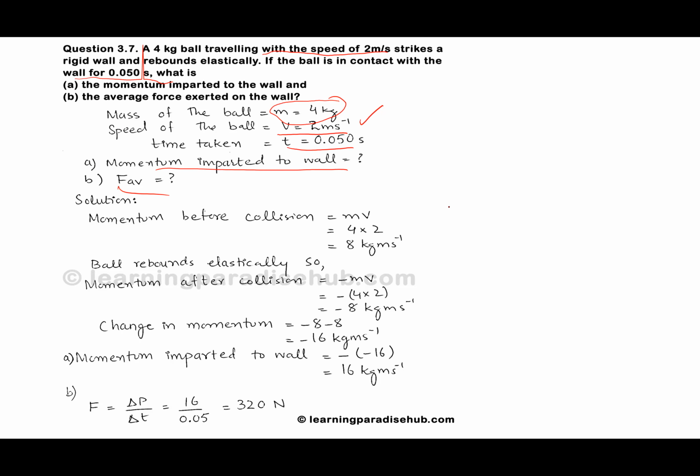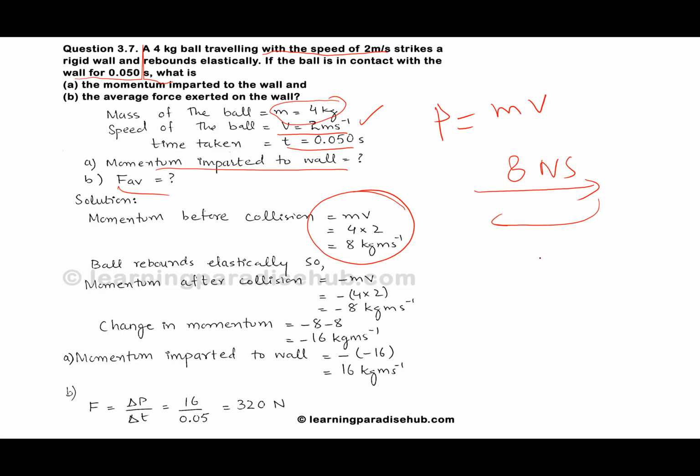force. So for momentum, we will use P is equal to mv, which is here, and it rebounds. So when it rebounds, momentum in this direction is 8 Newton second.